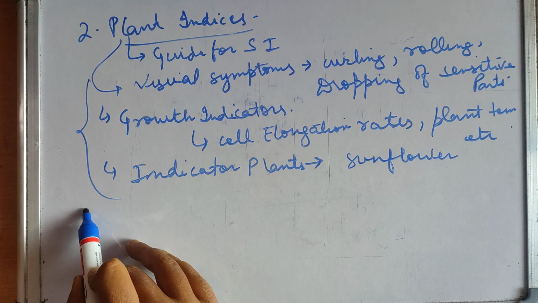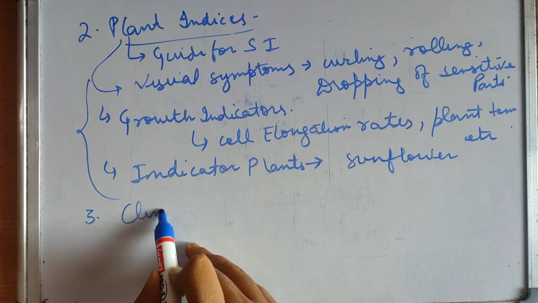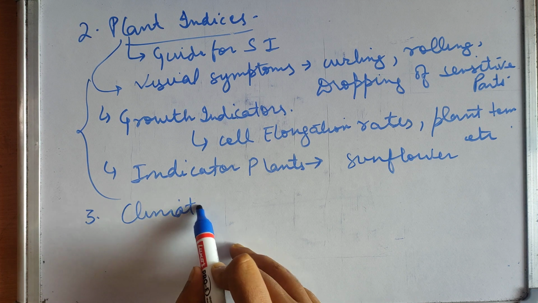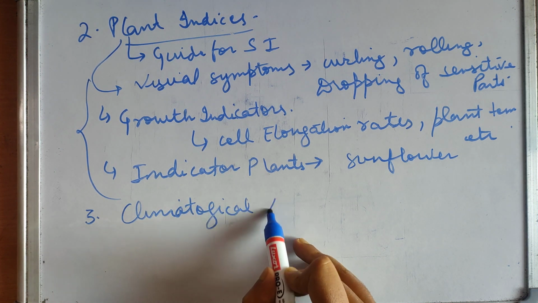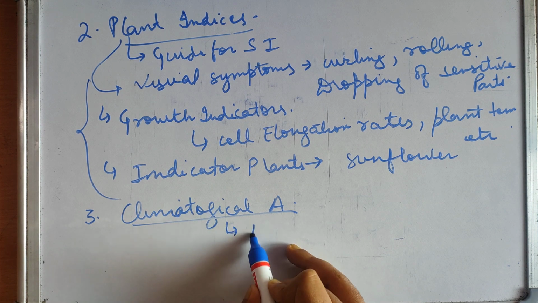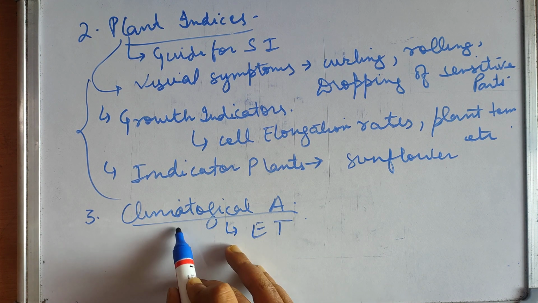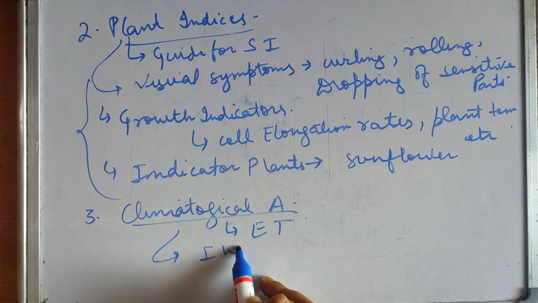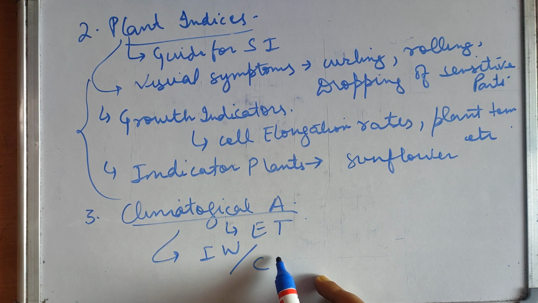Now next one is the climatological approach. It is mainly based on evapotranspiration or the irrigation water by cumulative pan evaporation ratio.